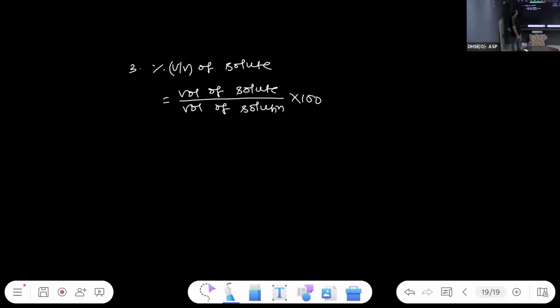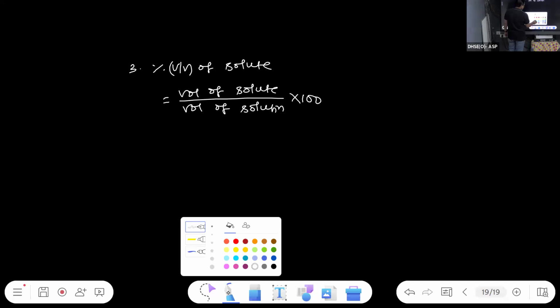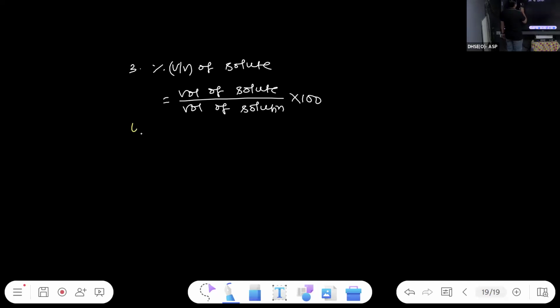Similarly, what is percentage volume by volume of the solvent? Volume of solvent divided by volume of solution into 100. Okay. Next is fourth, that is ppm of solute.